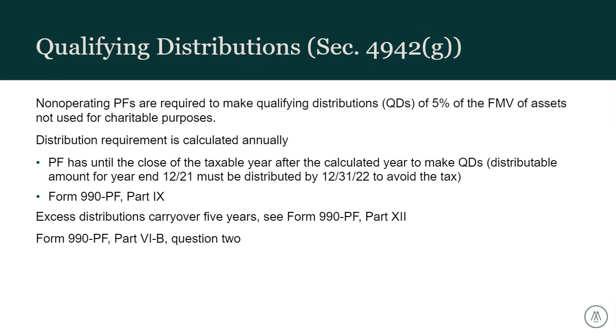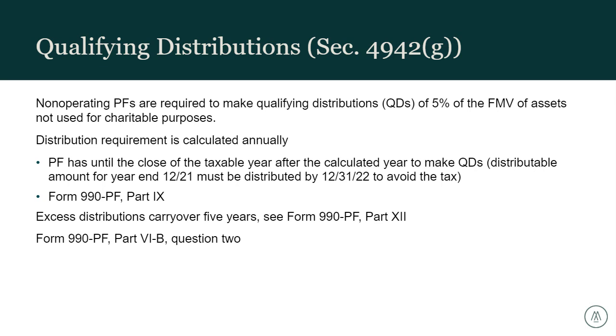Non-operating private foundations are required to make that 5% distribution as a qualifying distribution of the fair market value of your assets not used for charitable purposes. This is calculated on the Form 990-PF. And again, this is an area where we tend to see mistakes made in how people are calculating this distribution requirement. It is calculated on an annual basis.